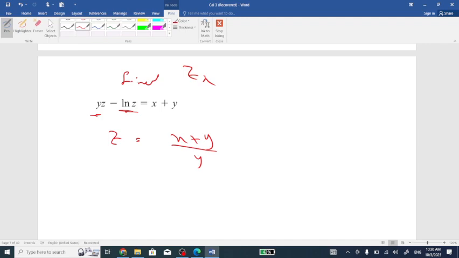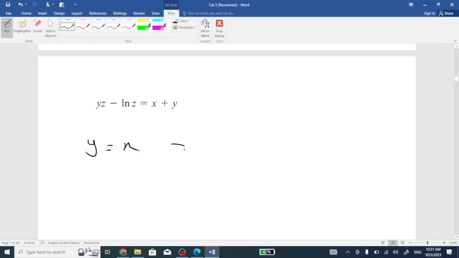Let me give you some clue. Find this one for me. I'm with you at high school, calculus one, maybe calculus two, no, calculus one. Okay, look: y equal to x squared, the derivative.